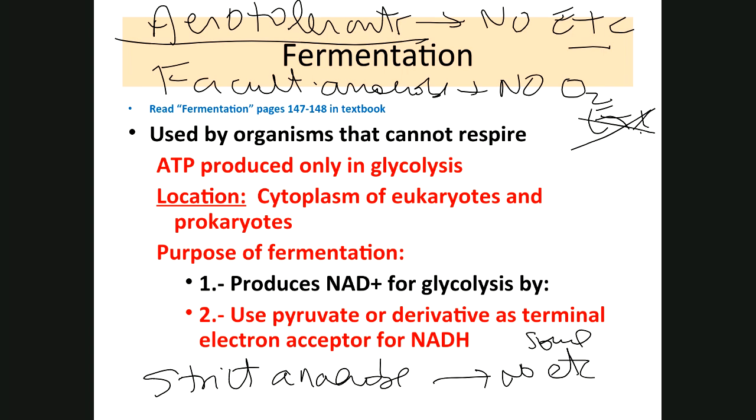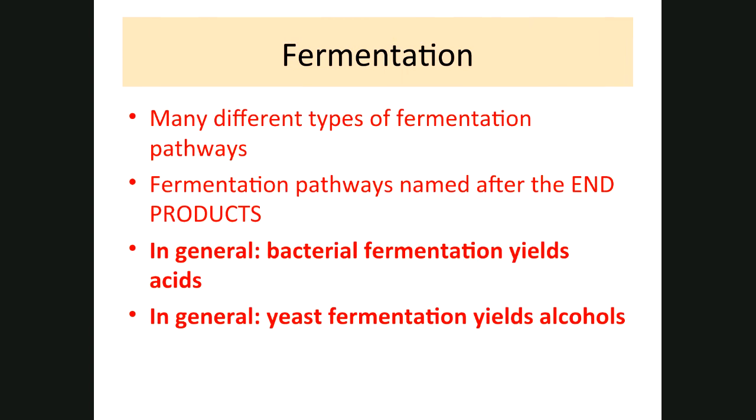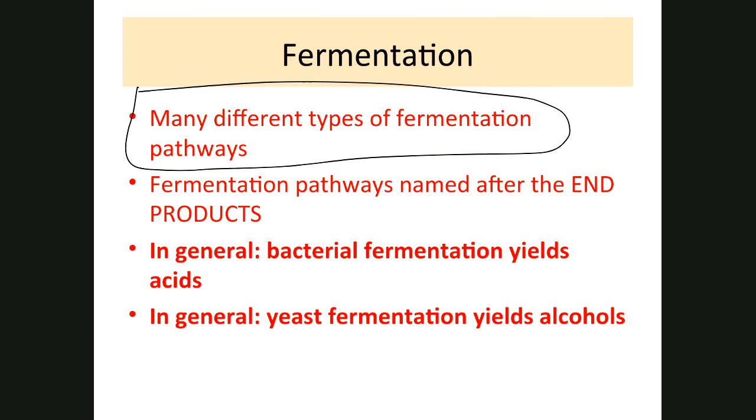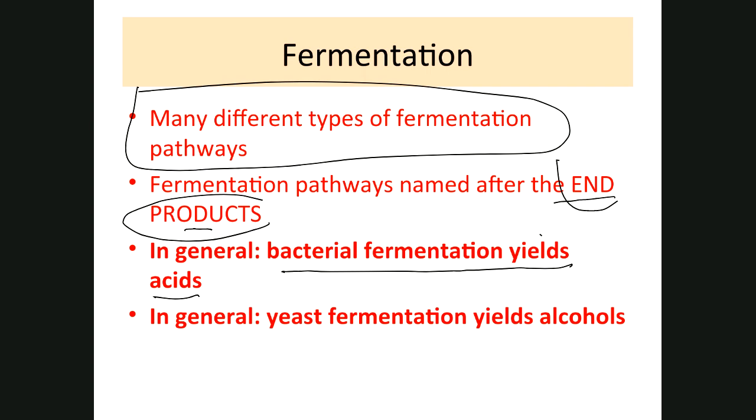Okay, so the problem with fermentation is that there are many different types. We're almost there. Say there's almost infinite types of fermentation. In general, there are many end products, and we name fermentation pathways by their end products. So in general, bacterial fermentation yields acids, yeast fermentation yields alcohols.